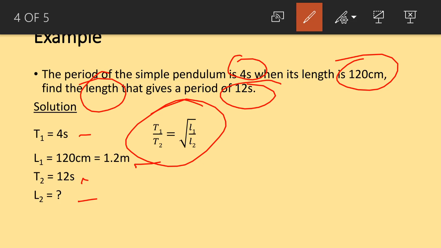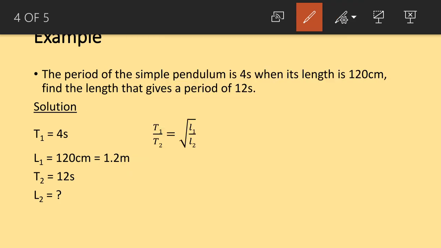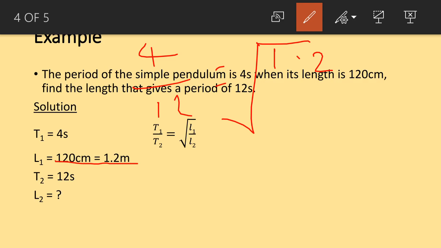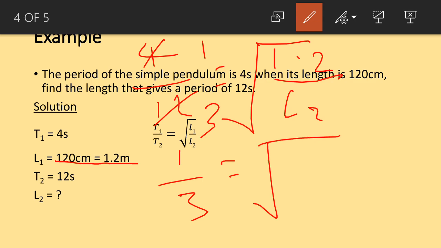Substituting, 4 over 12 is equal to the square root of 1.2 over L2, where we convert 120 centimeter to 1.2 meters. Now 4 over 12 is the same thing as 1 over 3, so 1 over 3 is equal to the square root of 1.2 over L2.